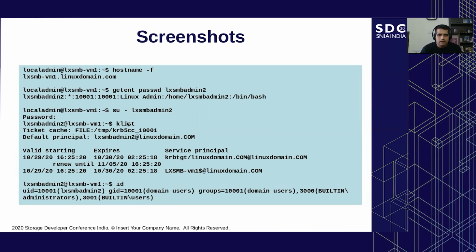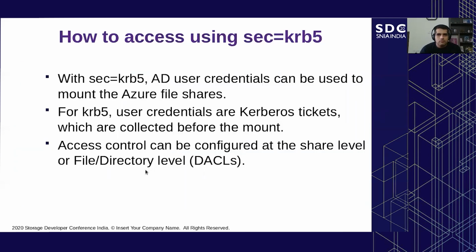Once logged in, you will notice that the klist command outputs some details. These are nothing but Kerberos tickets, with some details about how you can now access the Azure file share as these users.